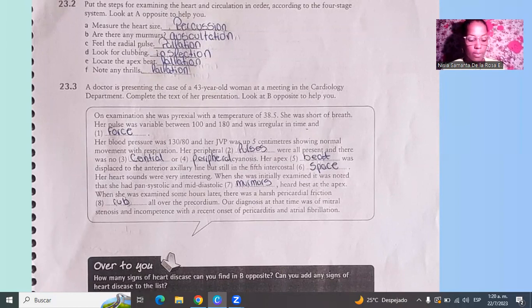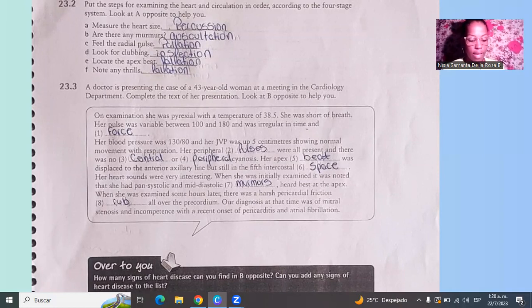Her blood pressure was 130/80 and her JVP was up 5 centimeters, showing normal movement with respiration. Her peripheral pulses were present and there was no central or peripheral cyanosis. Her apex beat was displaced to the anterior axillary line but still in the fifth intercostal space.